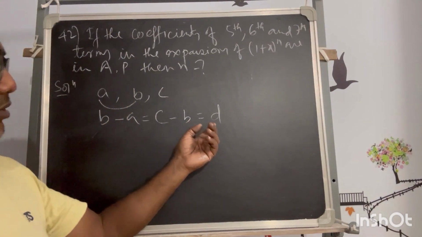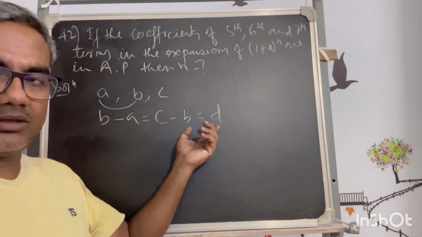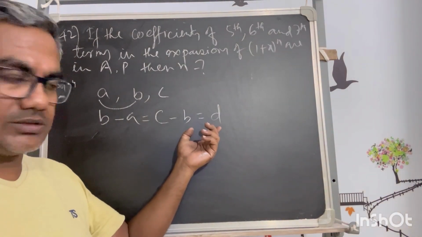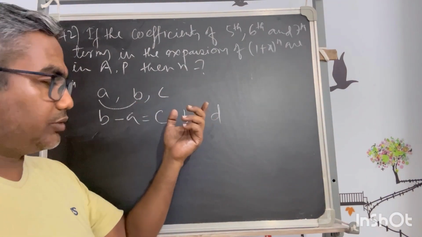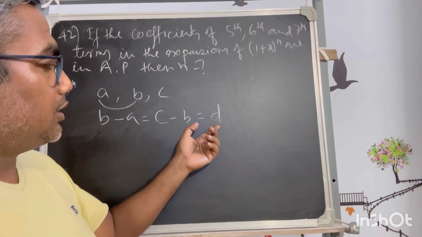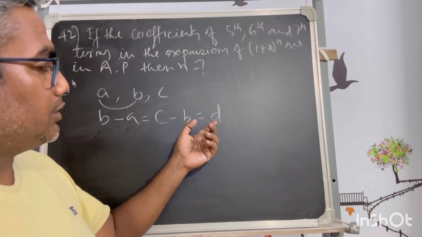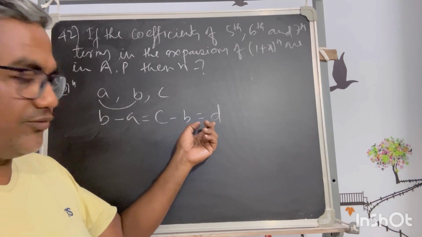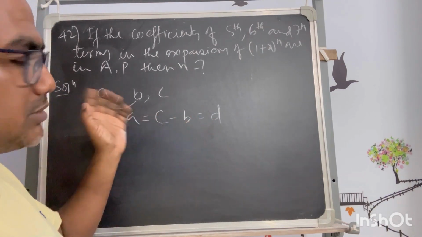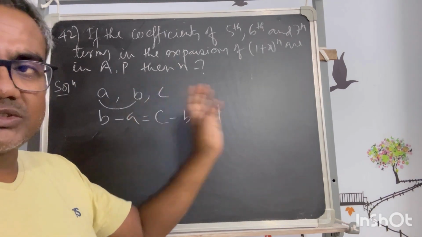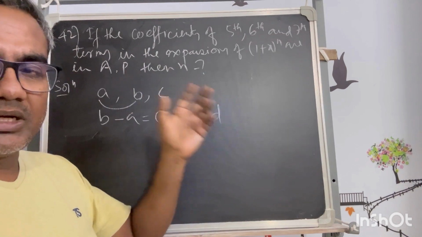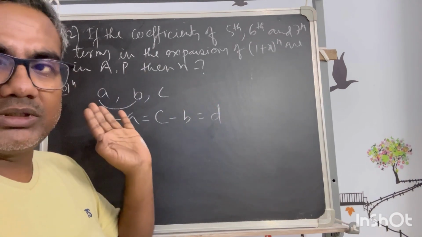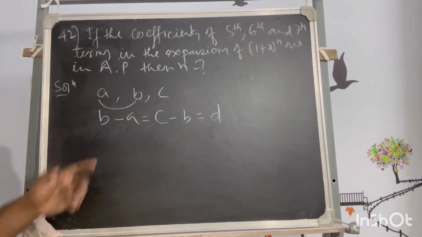We denote it by the common difference, which is nothing but the difference between two consecutive terms of the series. If it stays the same, it is called an arithmetic progression.